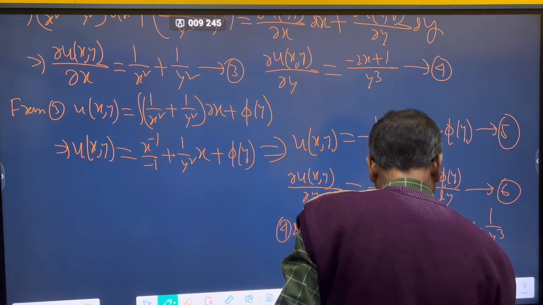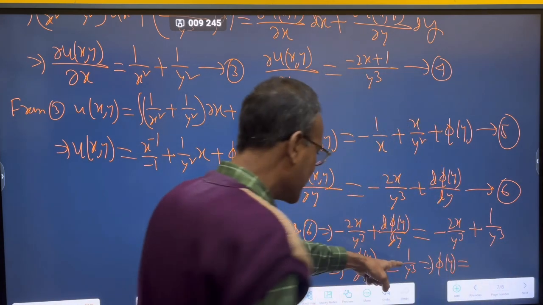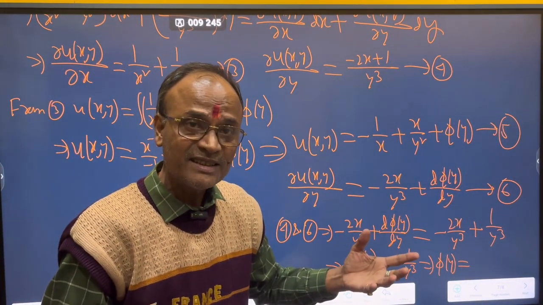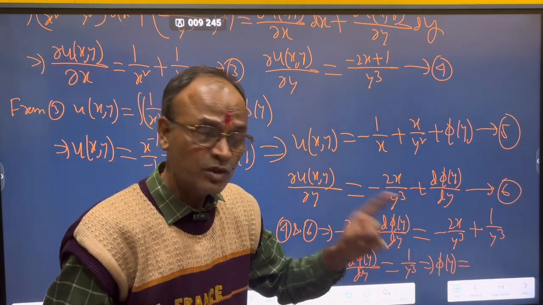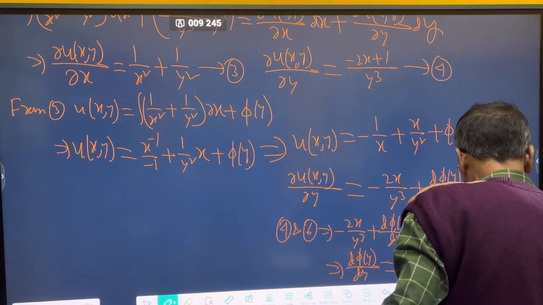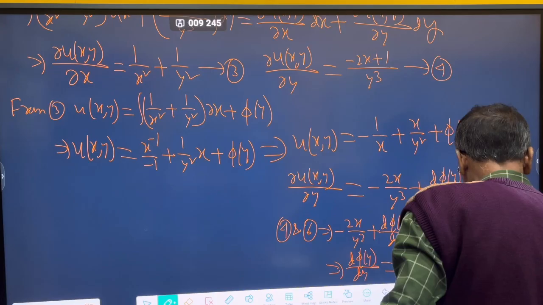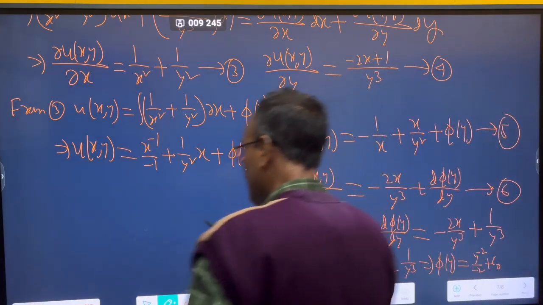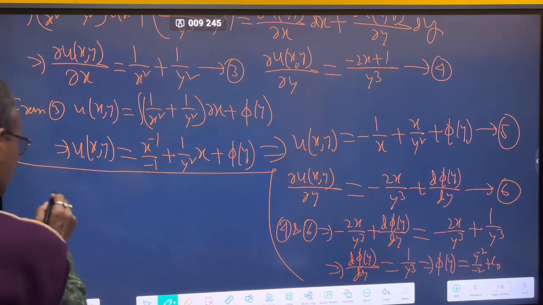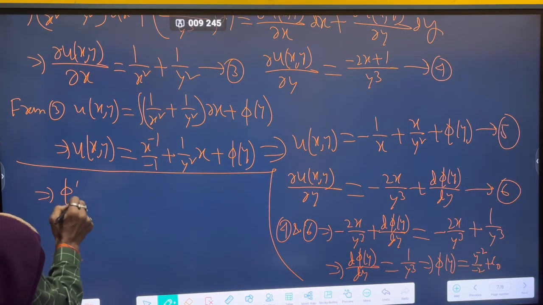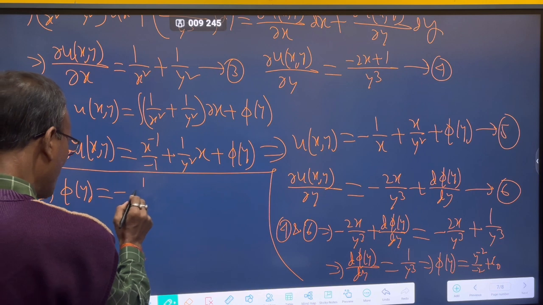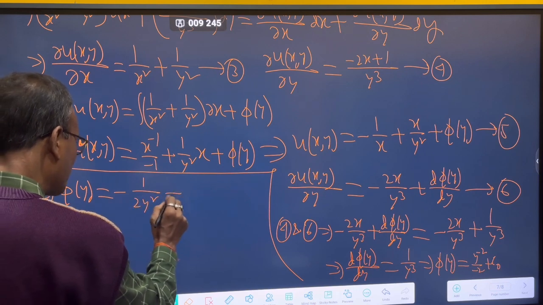This means phi(y) equals the integral of y to the power minus 3, which is y to the power minus 2 divided by minus 2, plus c naught. So phi(y) equals −1/(2y²) + c naught.